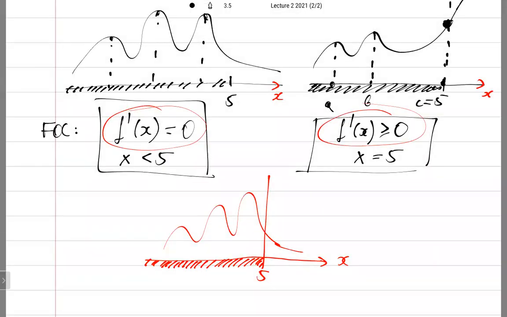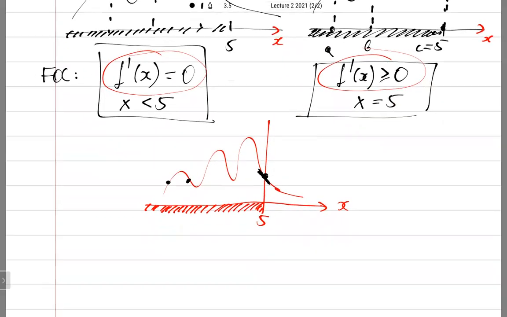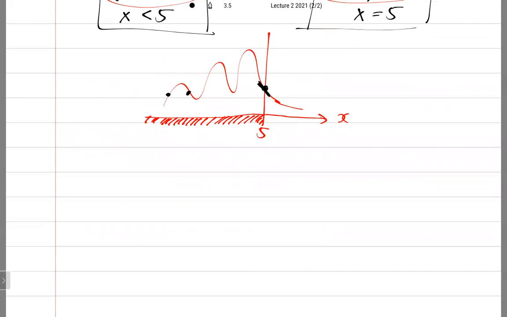But basically, you can clearly see that at that point, the derivative is negative. It's not an extremum. We can go left to the region of possible values of x, and we can increase f. So basically, there are two cases. So, conclusion.